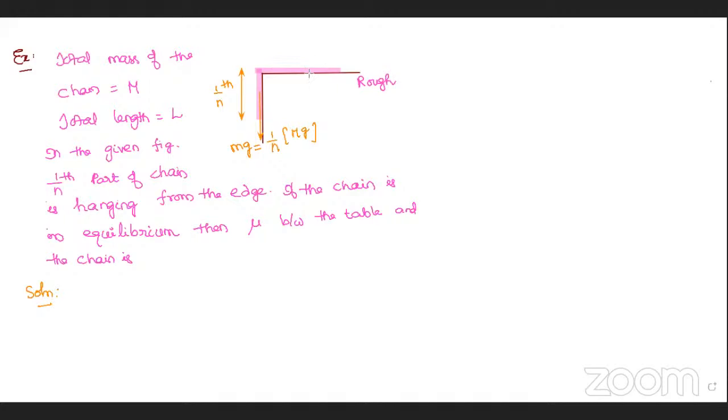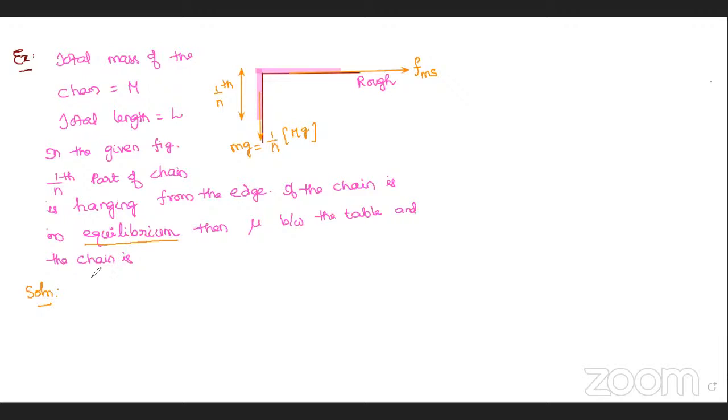Between the table and the chain. Here, the friction will oppose the motion and act like this. This is the friction. And he said clearly, if the chain is in equilibrium, equilibrium means about to slide. At that time, the static friction is called limiting friction, static friction. This is mu s N, Fms.